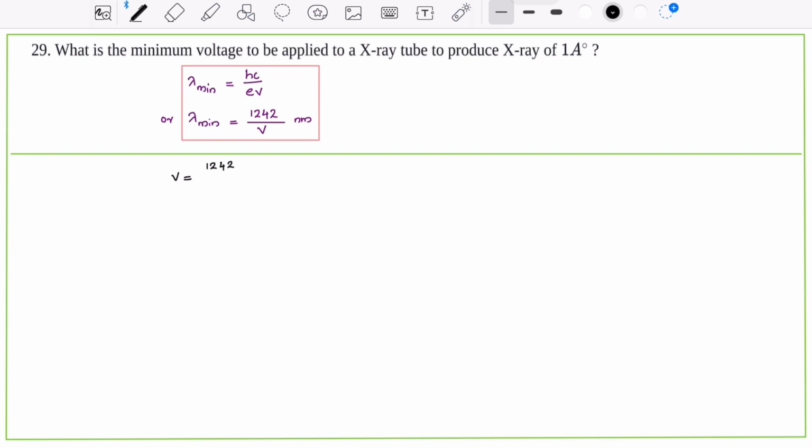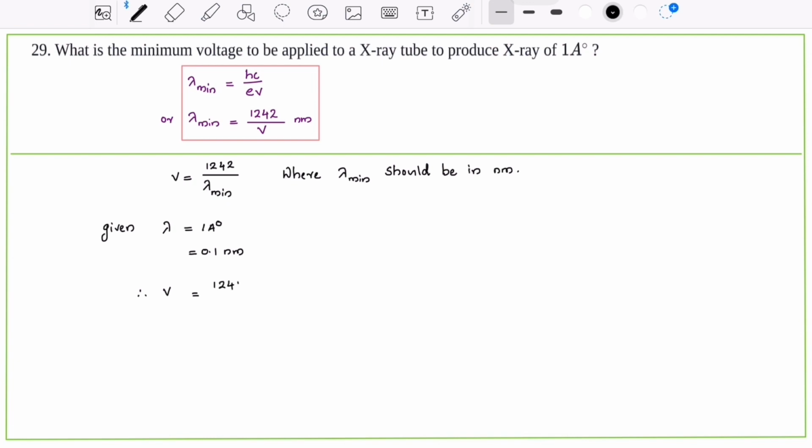Therefore, the voltage is 1242 by λ_min. Remember that here the λ_min should be in nanometer. Given λ is equal to 1 angstrom, therefore this is equal to 0.1 nanometer.